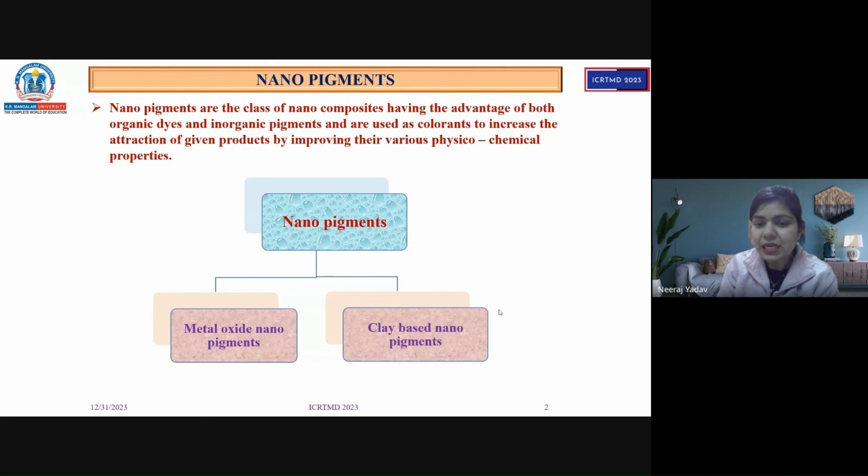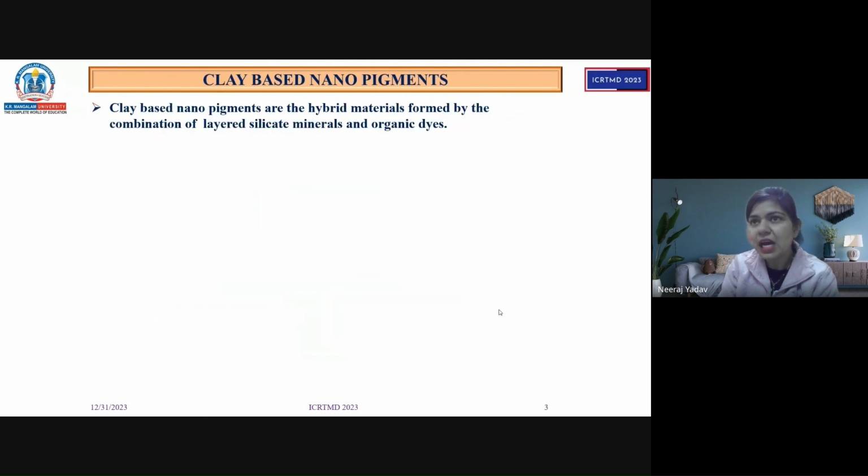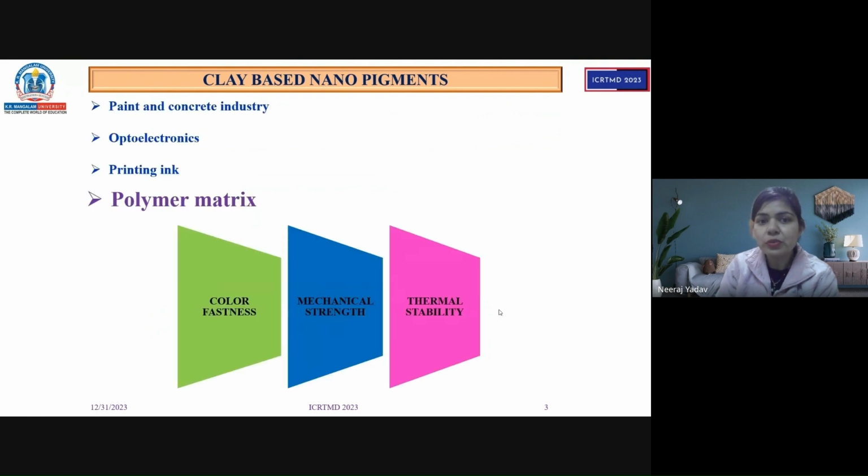Clay based nanopigments are hybrid materials formed by the combination of organic dyes and layered silicate minerals. They are used as colorants in various industries like paint and concrete, optoelectronic applications, and printing ink.